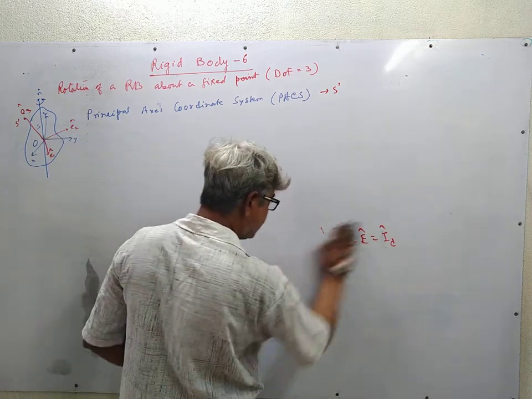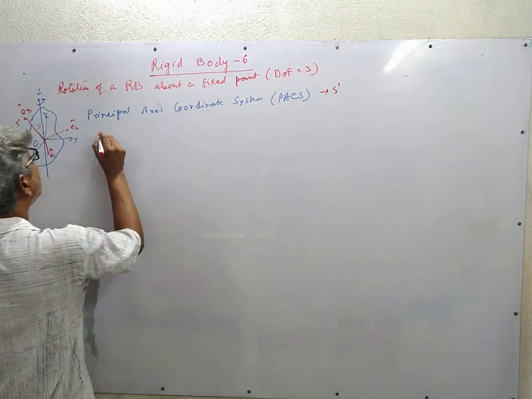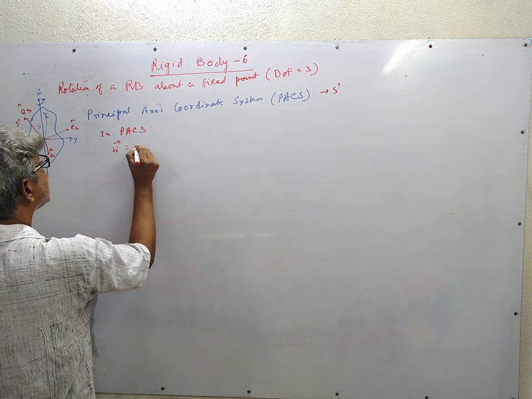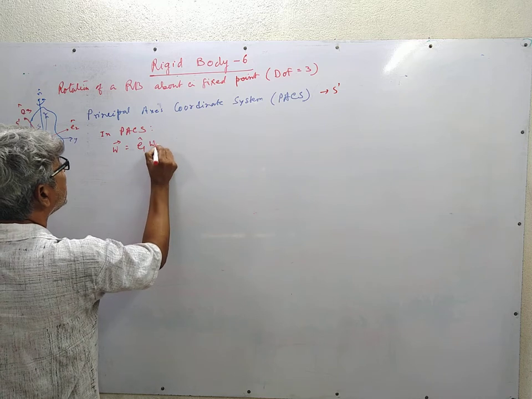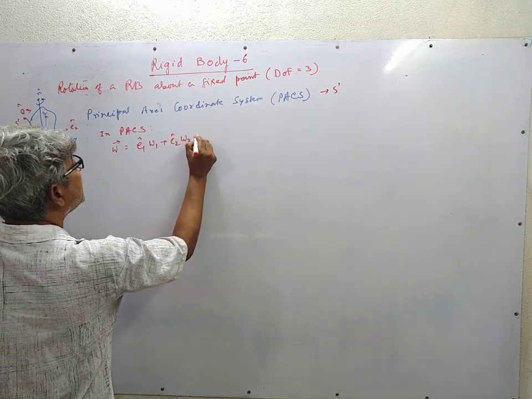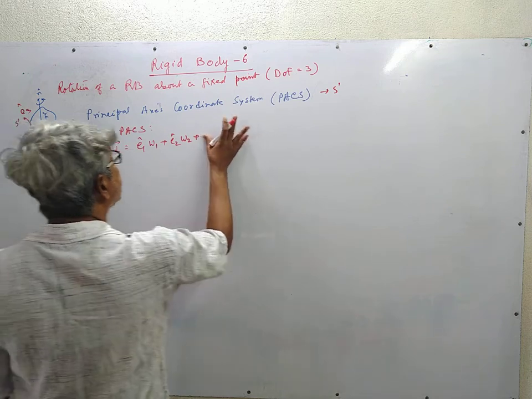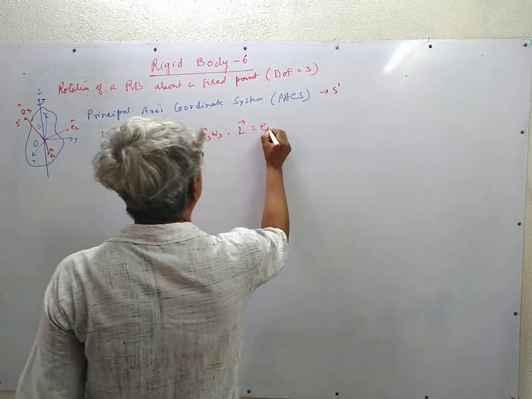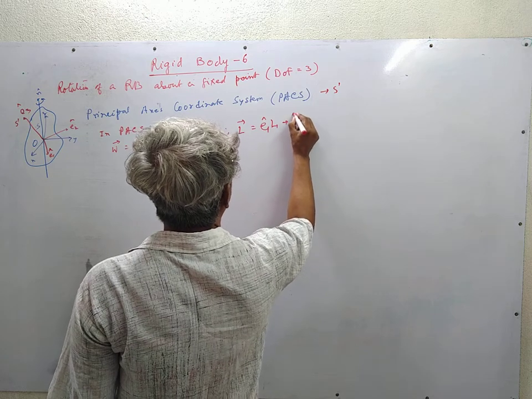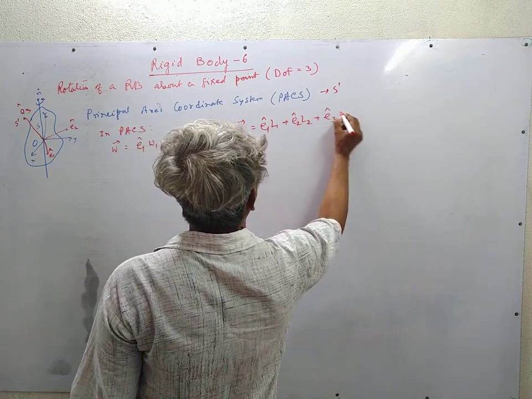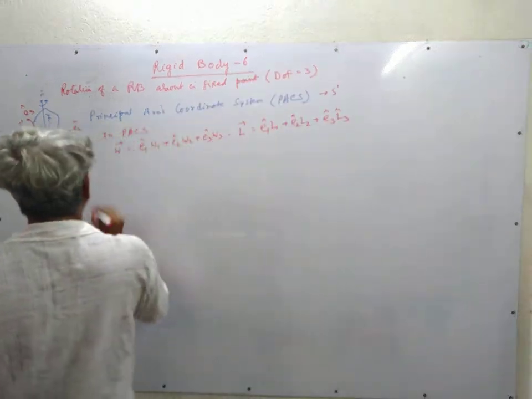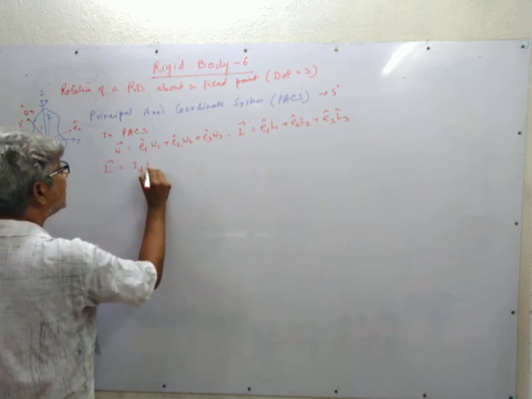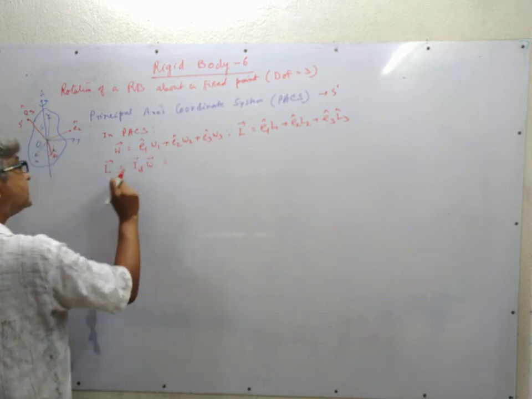In the PACS system, we write omega is equal to E1 omega 1, E2 omega 2, E3 omega 3, and we write L is equal to E1 L1, E2 L2, E3 L3, and we know the relation that L is equal to I omega, with I diagonal in this case.